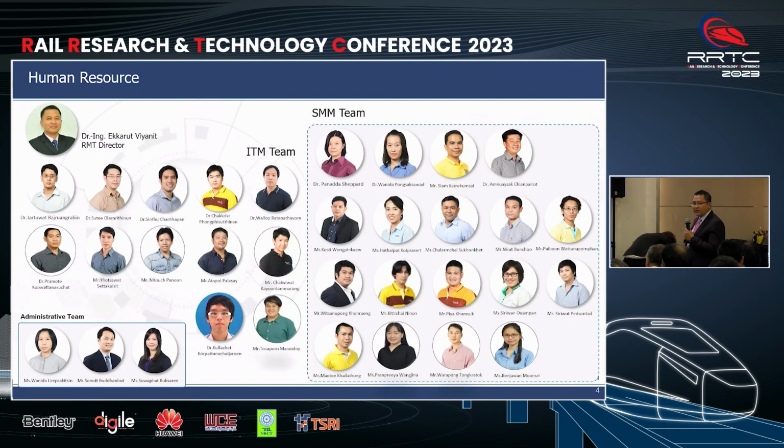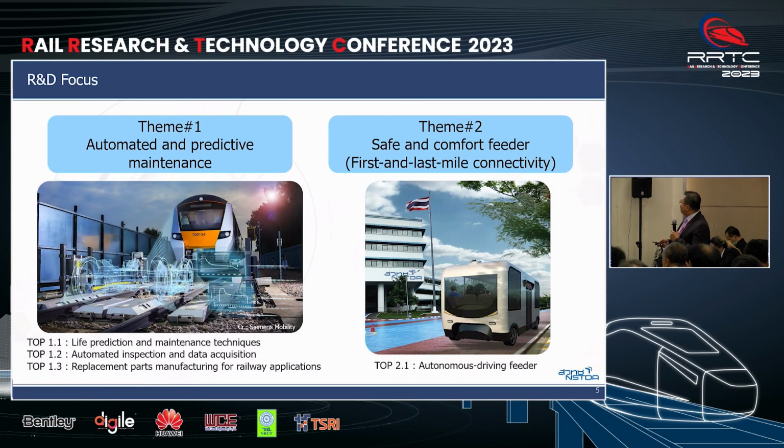In this slide, I just want to show you the members of our research center. In total, we have around 30 staff working at RMT. As I mentioned, each team deals with different themes of research.